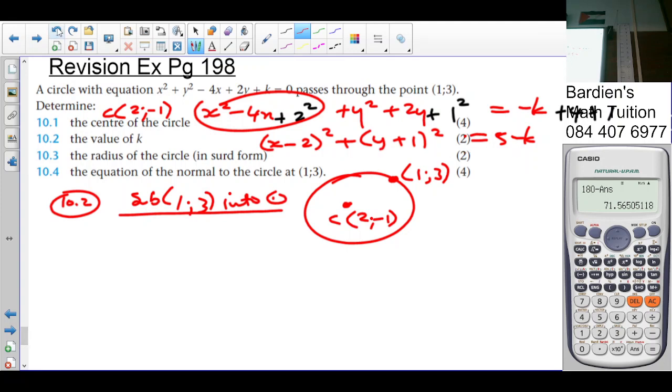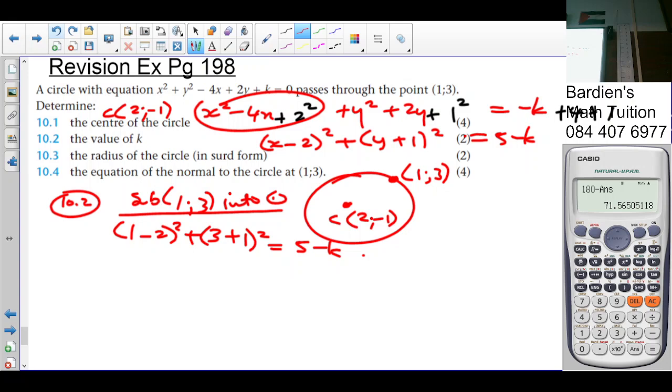So it's going to be (1 minus 2) squared plus (3 plus 1) squared equals 5 minus k.